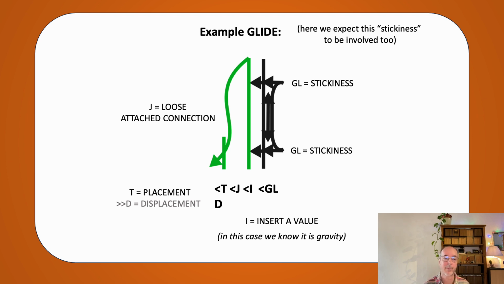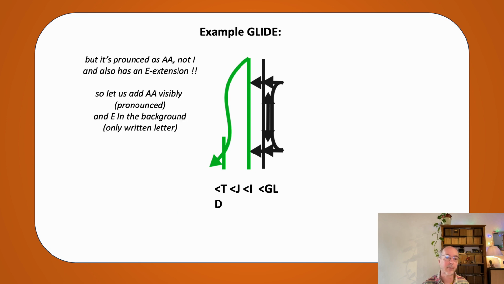I will tell you more about that later. There's a loosely attached connection to the next point, which will come to a certain placement elsewhere, which probably will have been displaced, found a new place. That's all something we already can recognize in this one.